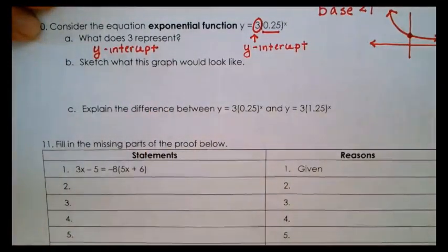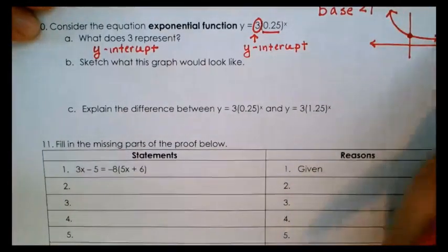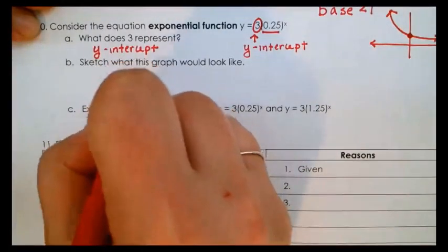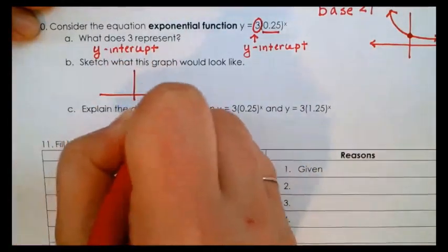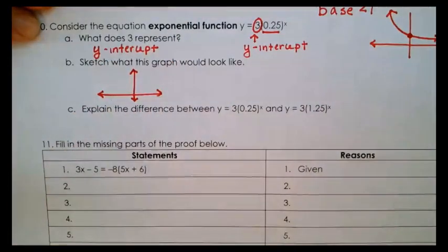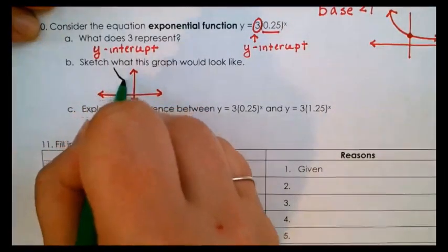Sketch what this graph would look like. Well, we kind of have a rough sketch going here. So let's continue that in part B. So if I have my axis, I'm going to use a different color here for the sketch. It's going to be a parent function that goes down.